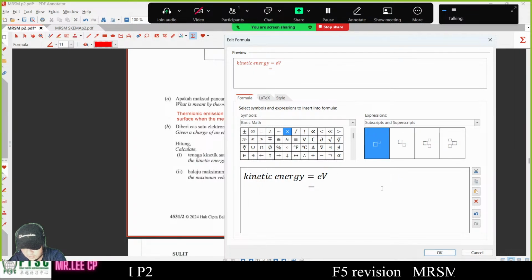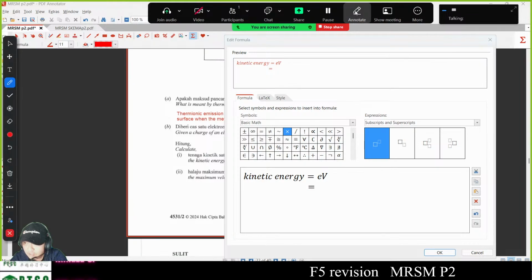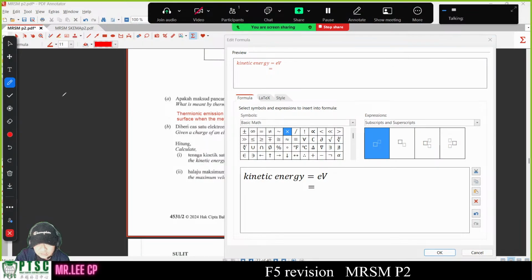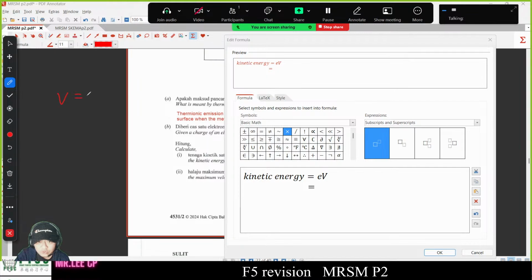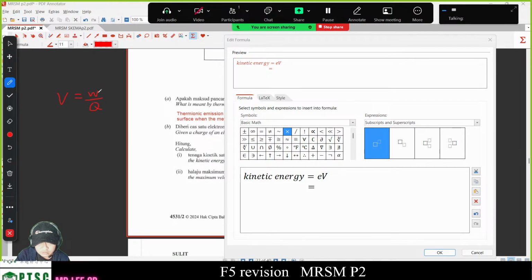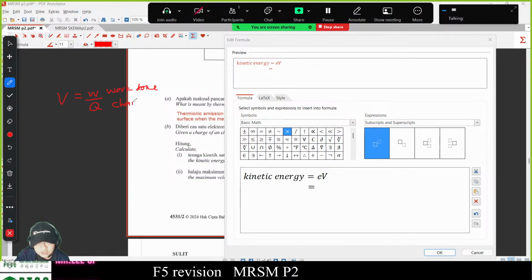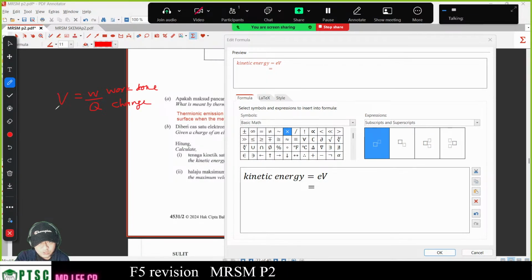Where does this formula come from? It actually comes from V is equal to W over Q. W is work done, Q is charge, and V is the potential difference.